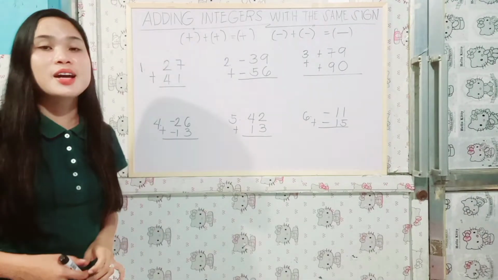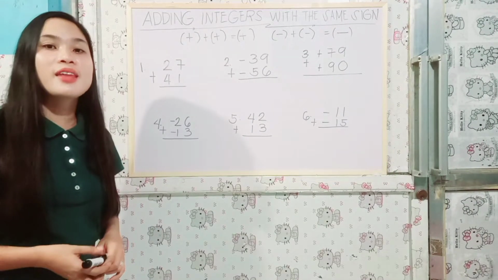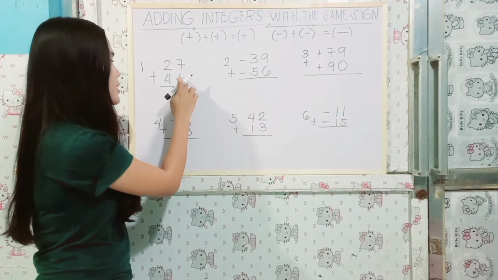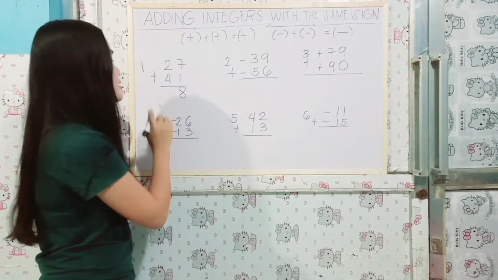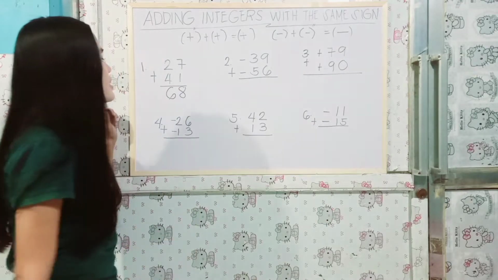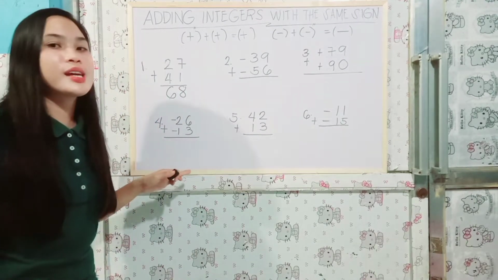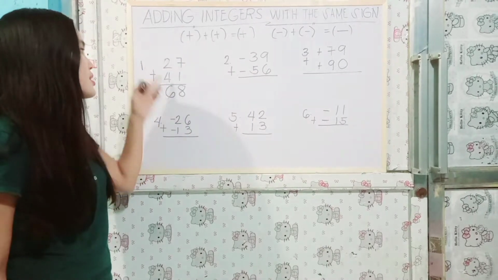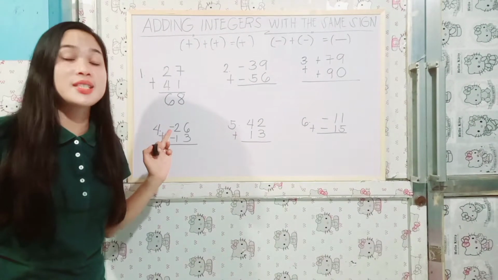Both of the addends are positive. So let us add their absolute values. So we have here 7 plus 1 is 8. 2 plus 4 is 6. Therefore, the answer is 68 or positive 68 since our addends are all positive.